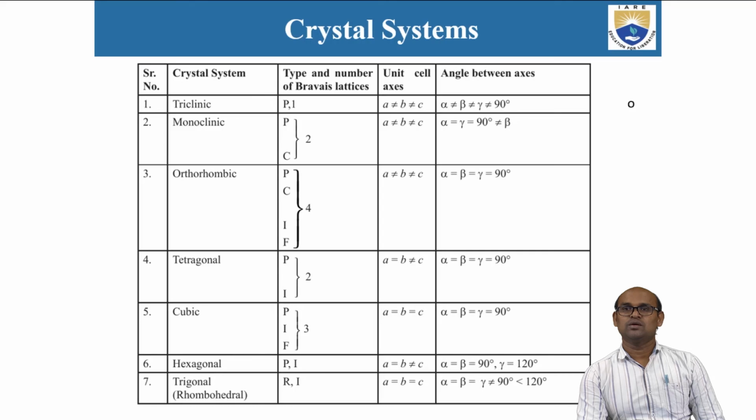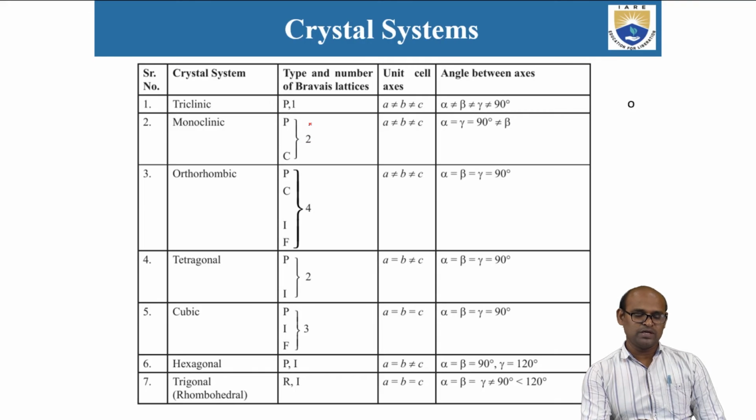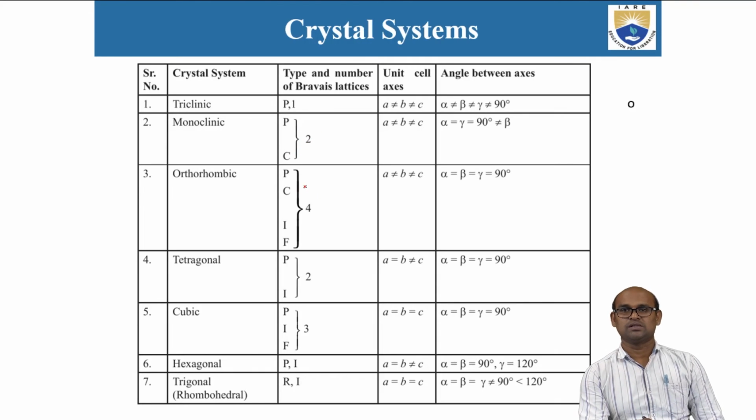Monoclinic, you have 2 primitive unit cells and 2 non-primitive unit cells. Coming to the axial lengths, A is not equal to B is not equal to C, but alpha equal to gamma is equal to 90 degrees, which is not equal to beta.